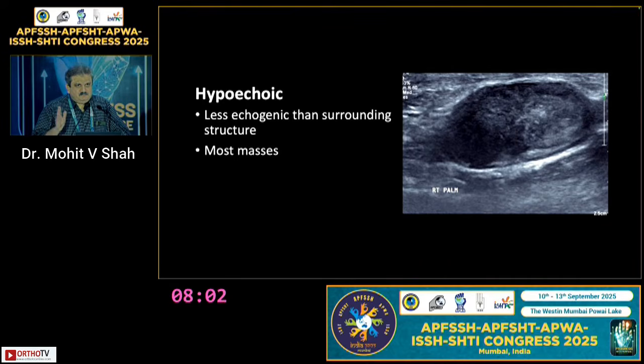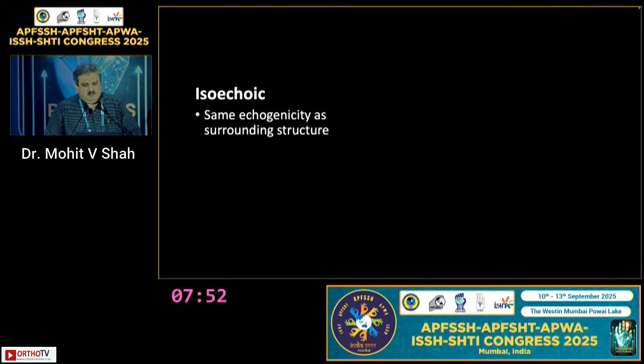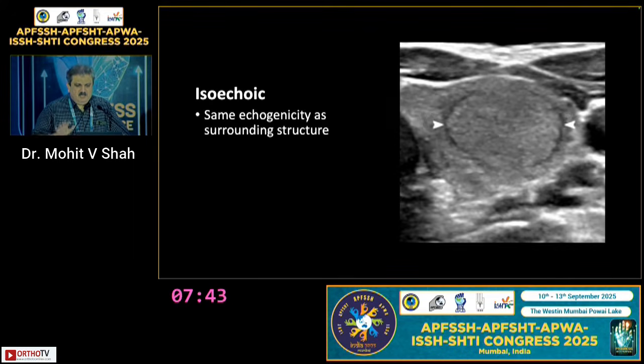It could be a mesenchymal tumor in a muscle, it could be a schwannoma, it could be a giant cell tumor of the tendon sheath. All will appear hypoechoic. When I say isoechoic, it means the echogenicity of the lesion in question is similar to the surrounding structures, and it will mostly merge with the structure.